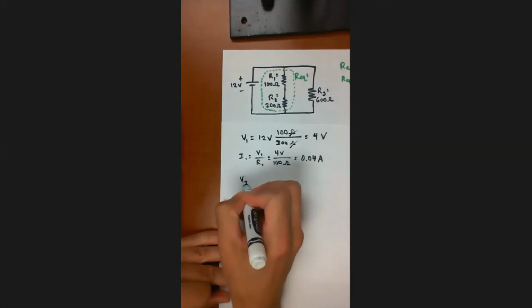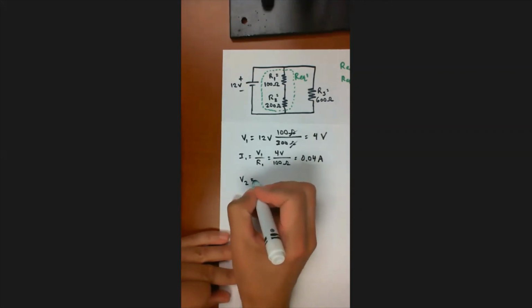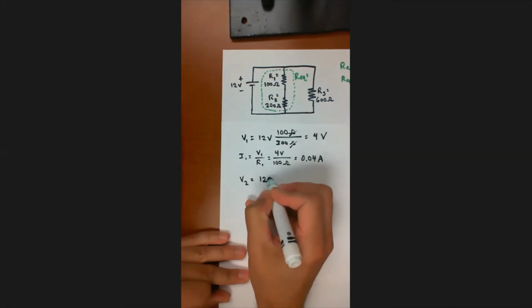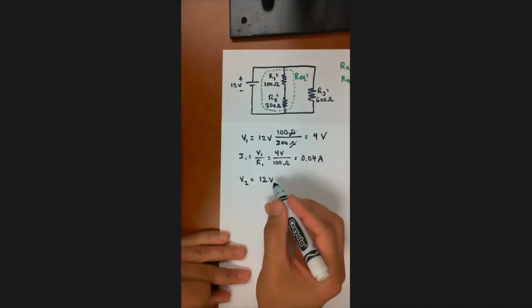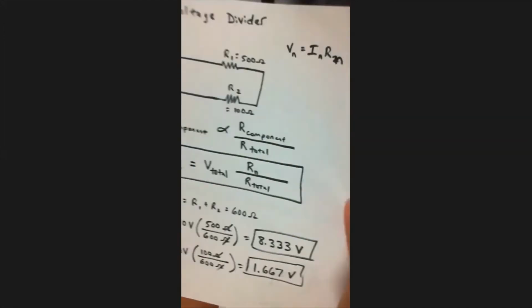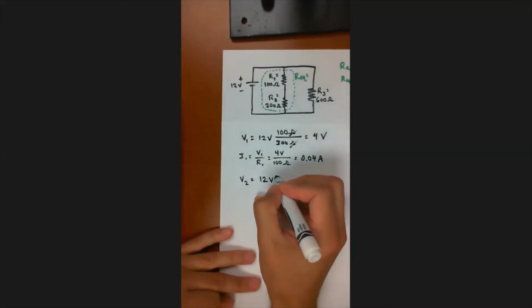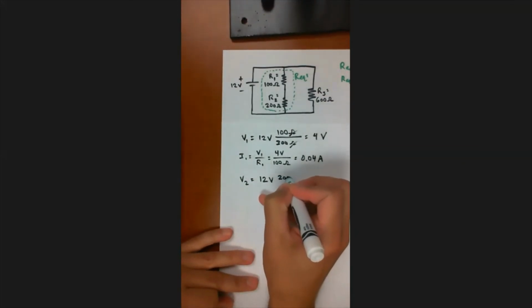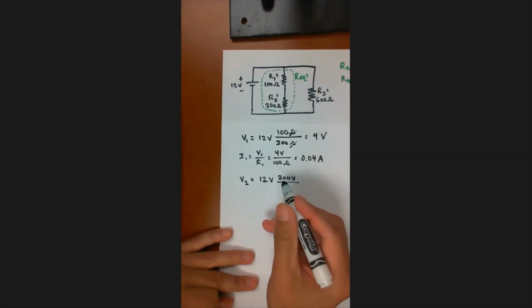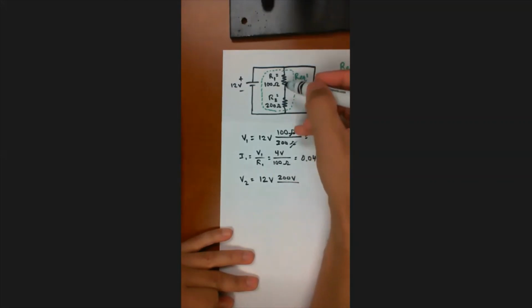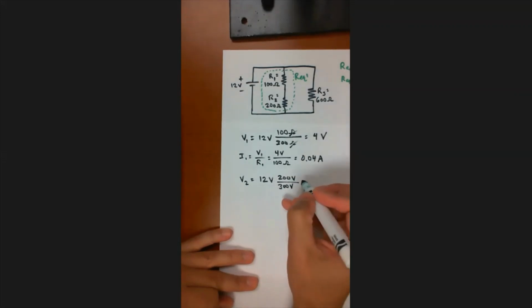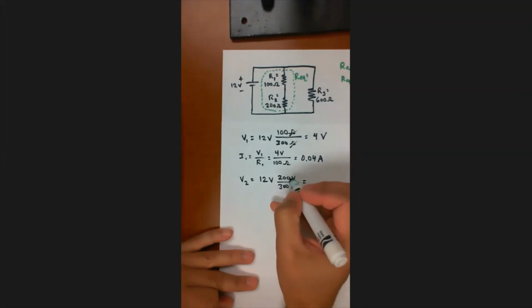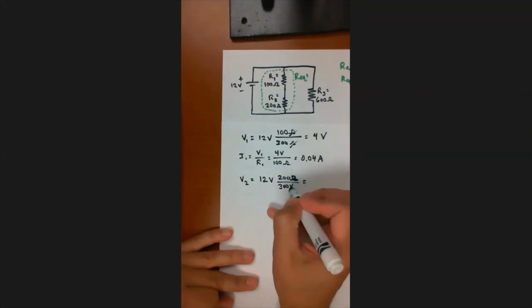So once again, I'm going to use voltage divider to get V2. So here's the equation for voltage divider. There's my V total across that branch. Now my N equals 2, so R sub N is going to equal 200 ohms, divided by R total for this branch, once again, 300 ohms.